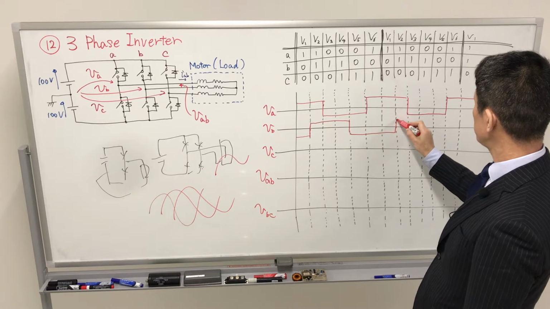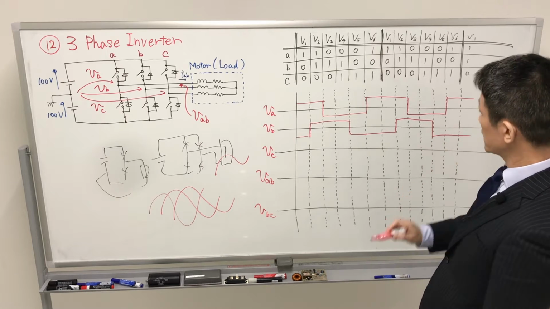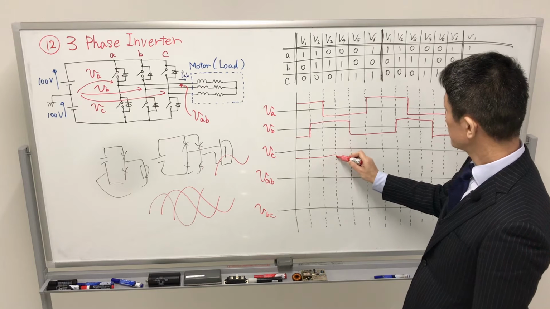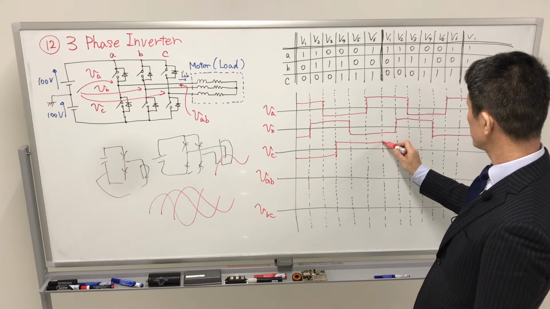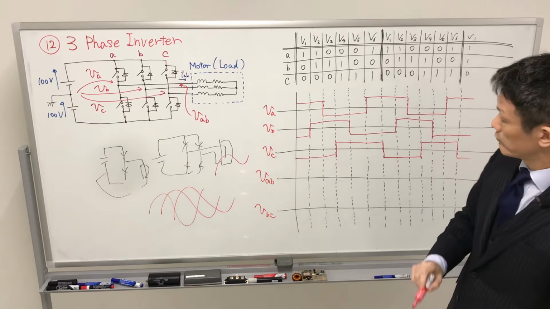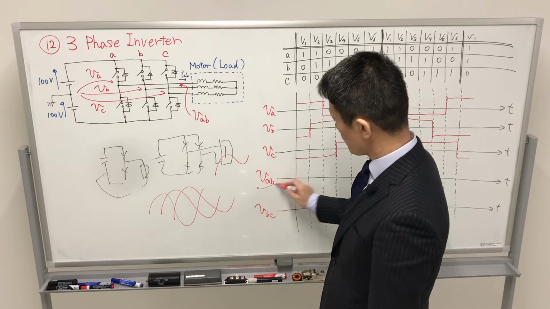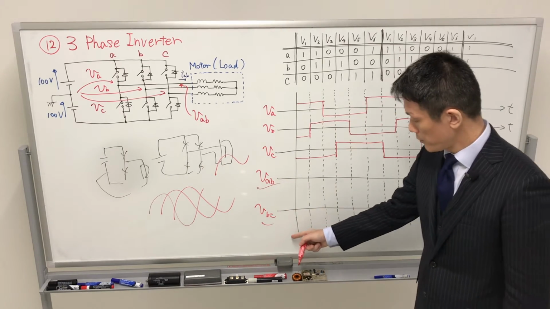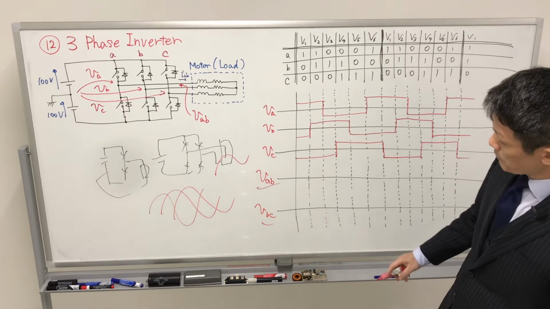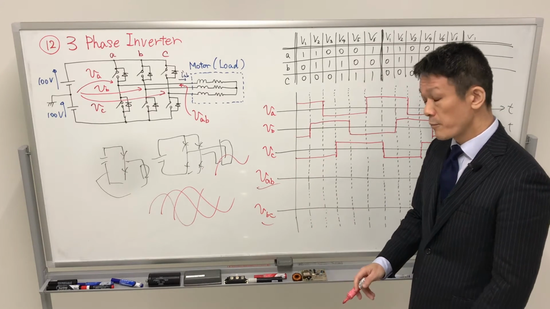VC is like this. And please describe VCA, which is limited in the space, so we only discuss VAB and VBC.